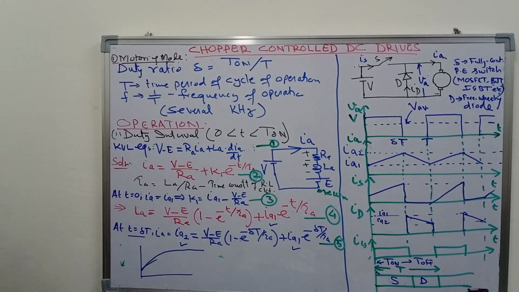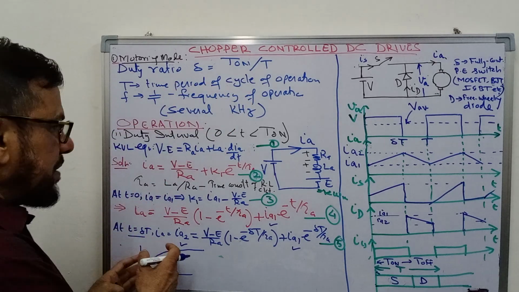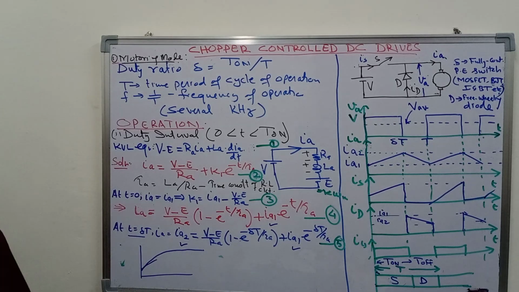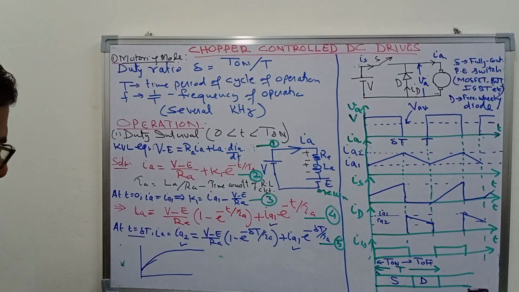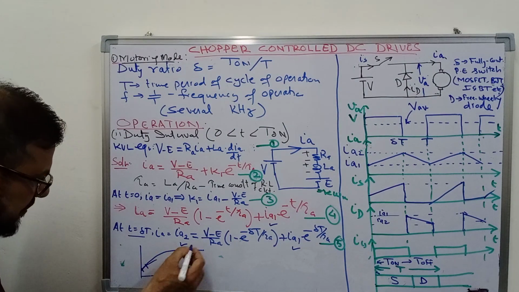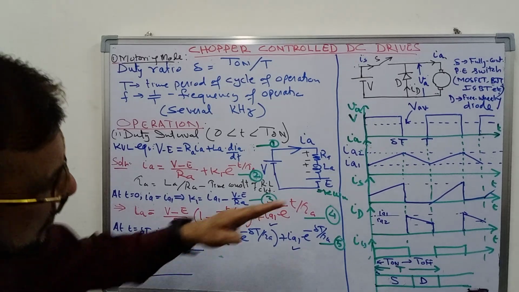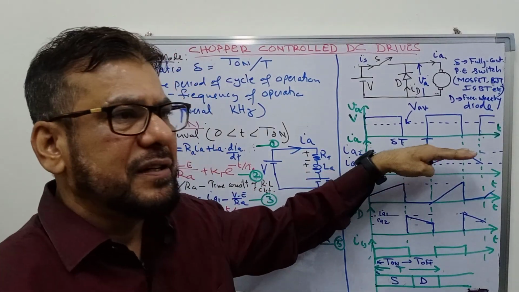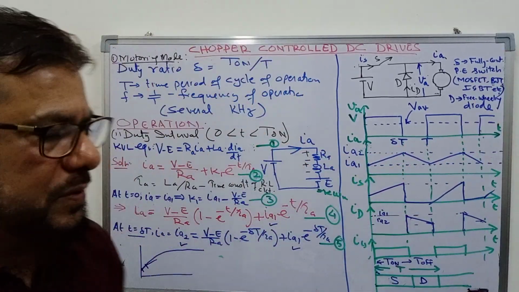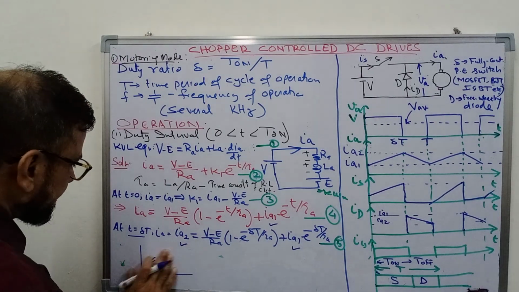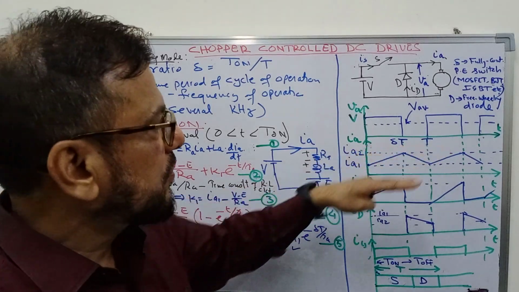But as I have said, we have to keep the frequency very high, and the on period is much smaller than the time constant of the circuit. In that case, it is only a small part of this rise. So the initial part is always linear, later on it becomes non-linear. That is why I have shown it here like a straight line, because it is a small part of the whole time constant. So this can be said to be linear.